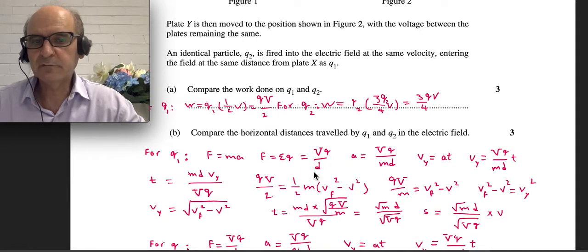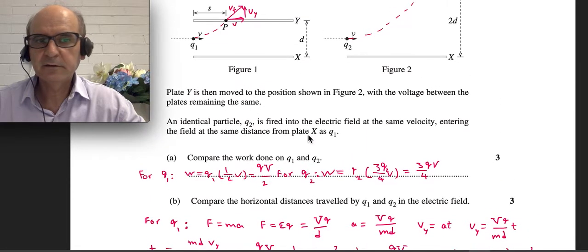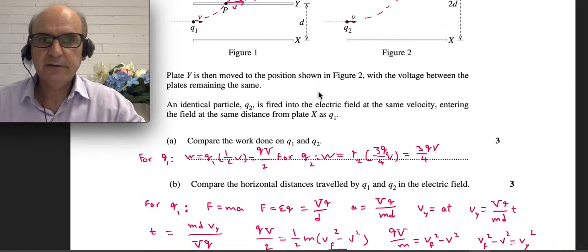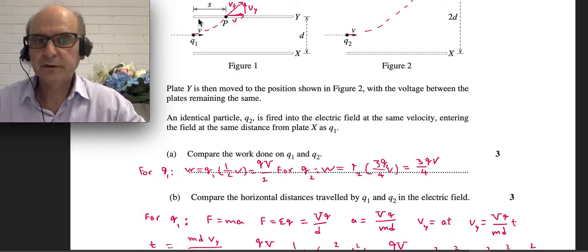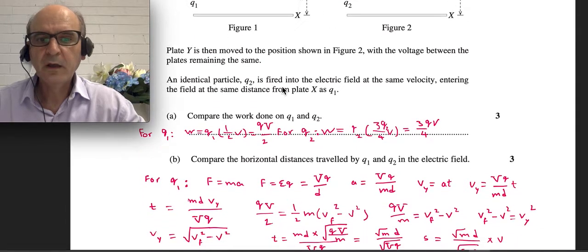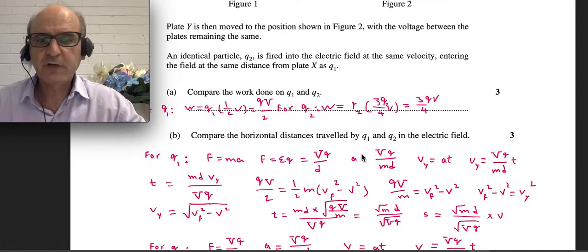That is the amount of force that this charge experiences as it goes from this position to this position, and it is vertically up. So to find how much acceleration it has, we divide the force by mass. So that's the force, and it has a mass of m, so VQ divided by m.